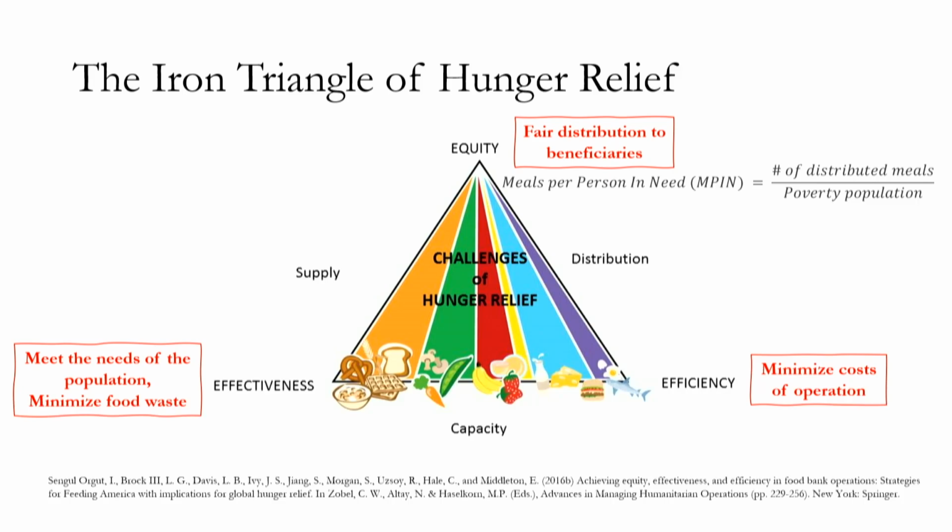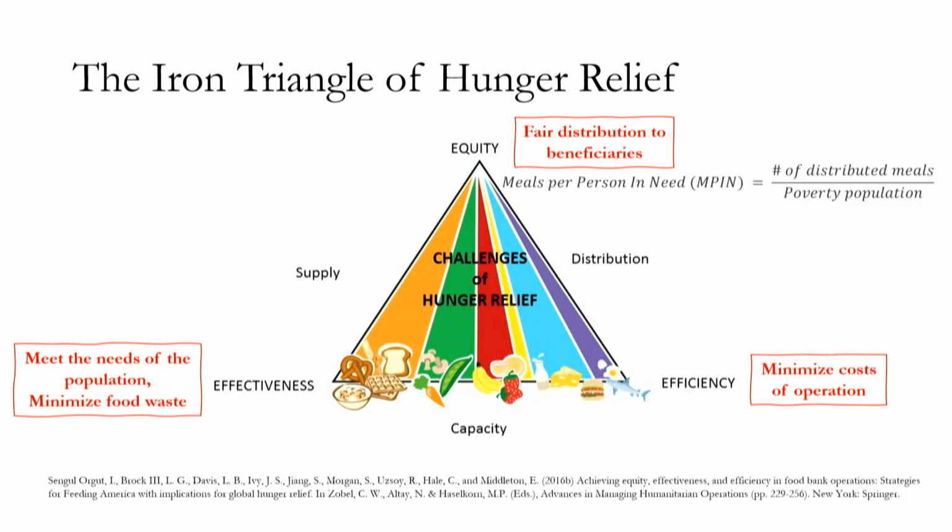Let's assume I just focus on effectiveness. Now I will want to distribute all the food to whoever can take it, which can, of course, be inequitable, and it can be inefficient if we are distributing all the food to places that are far away. And finally, we have efficiency. If I want to just minimize the cost, I'm going to distribute everything to the closest areas, which is obviously not equitable, and it's not effective because you are not meeting the needs of the entire population.